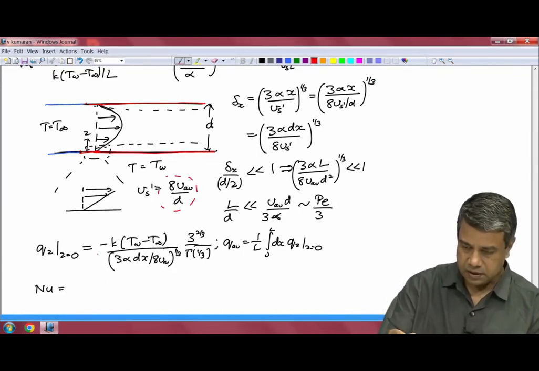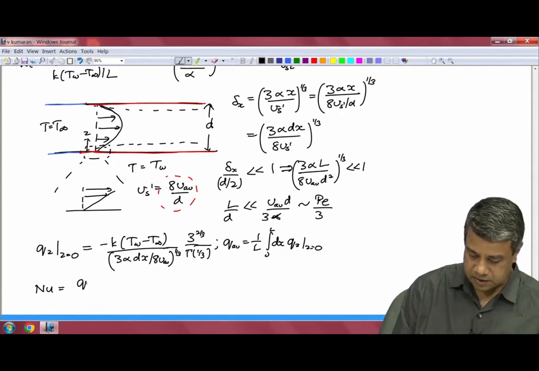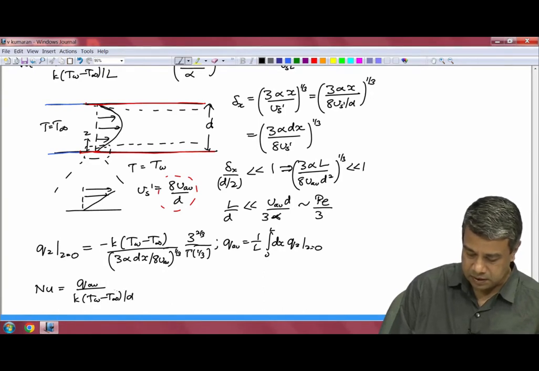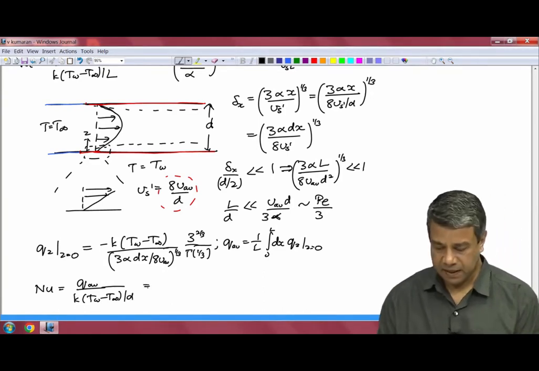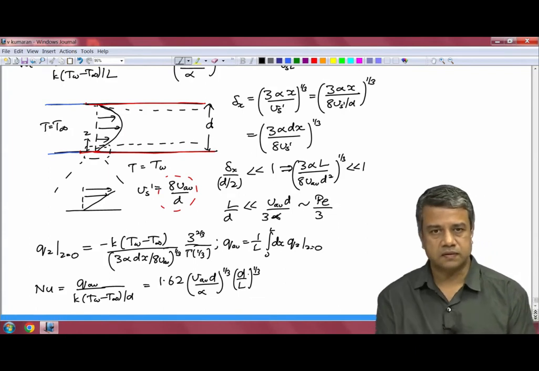I got this as the strain rate finally once I took the average flux and then defined the Nusselt number as q average by k times T w minus T infinity by D. This gave me 1.62 into V average D by alpha power 1/3 D by L power 1/3. That is the correlation for the Nusselt number.